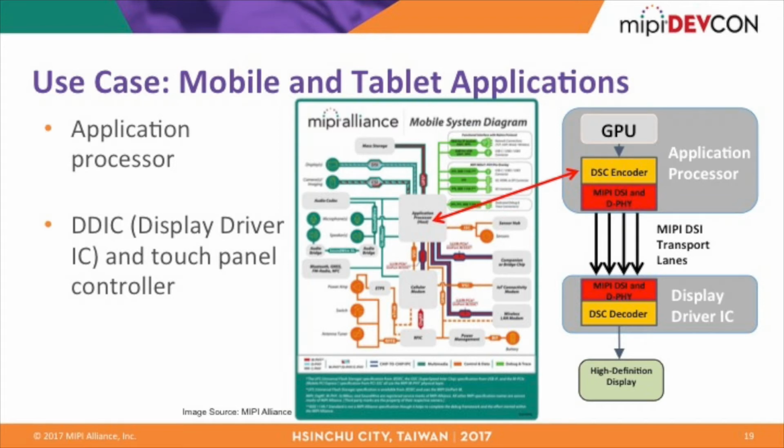You have your MIPI DSI connectivity. And then you have a DSC decoder that typically gets added in the DDIC chip, which is incorporated inside the display module. The main reason why people have used MIPI DSC technology in mobile has been for saving power and saving MIPI DSI lanes to have a better, smaller footprint.